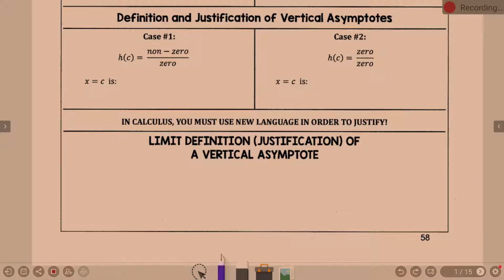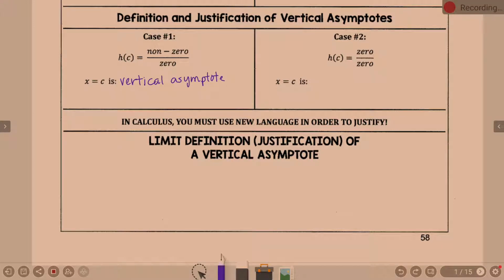Remember, a vertical asymptote is when your denominator equals 0. So if you're putting a number in, and that makes your denominator 0, there is a vertical asymptote there.